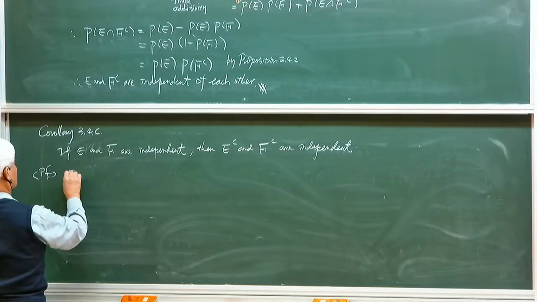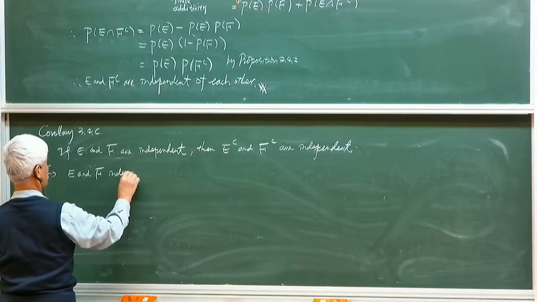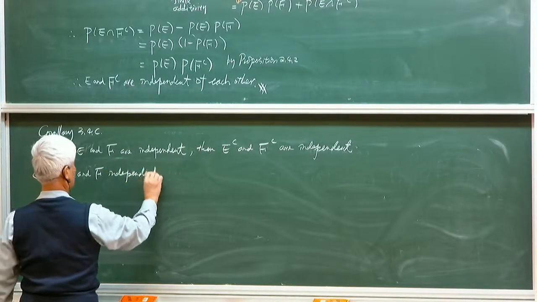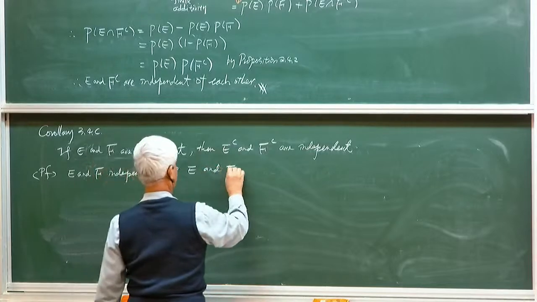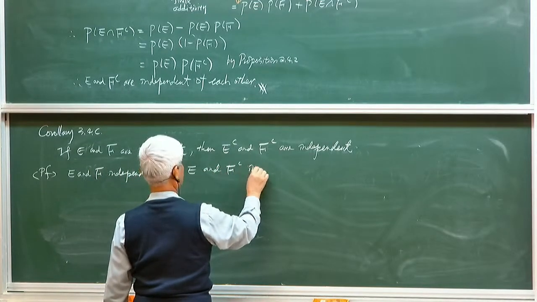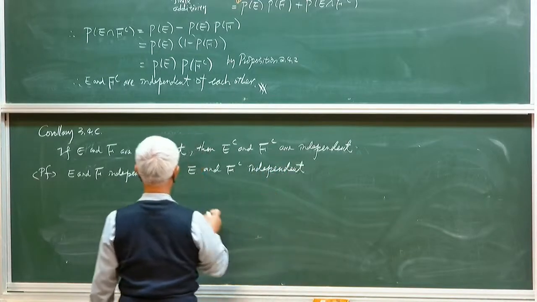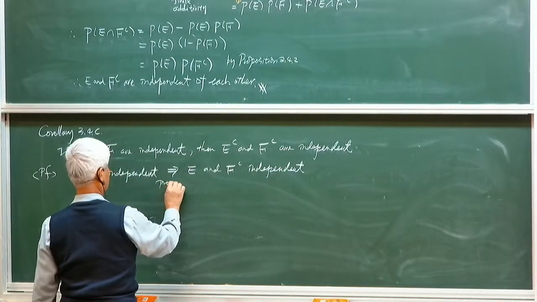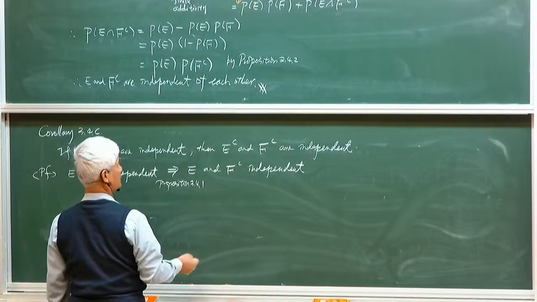So E and F independent implies E and F complement independent. This is proposition 3.4.1.